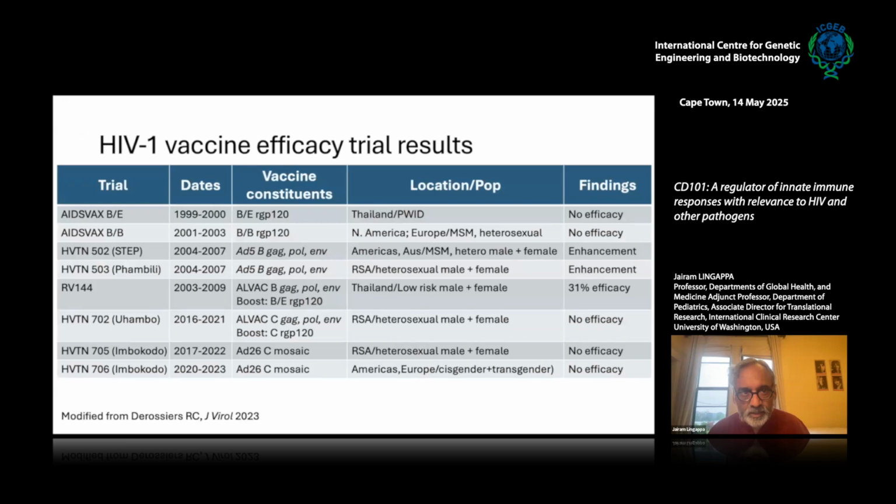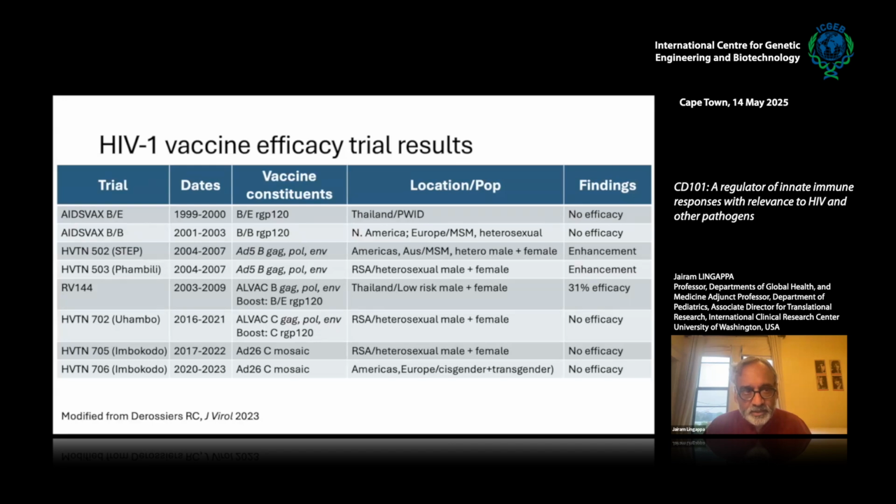The disappointing part of HIV prevention has been the results of efforts to develop HIV vaccines. As this table shows, for over 25 years there have been numerous efforts to use a variety of approaches to develop an effective HIV vaccine.